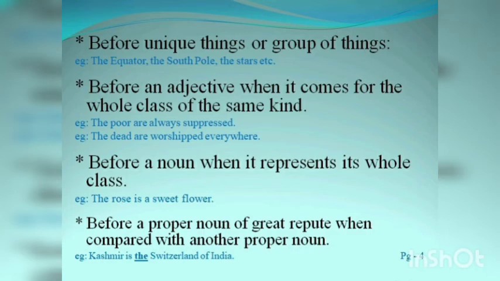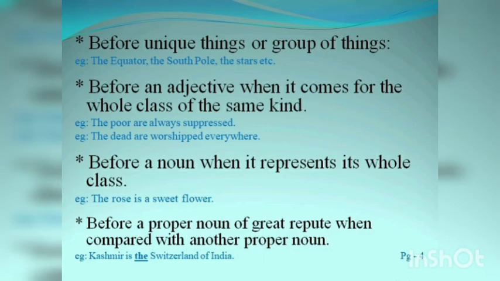For example, the poor are always suppressed. Here the word poor is an adjective, and it has come without a noun, and this adjective refers to all the poor people, therefore we have used 'the' here.